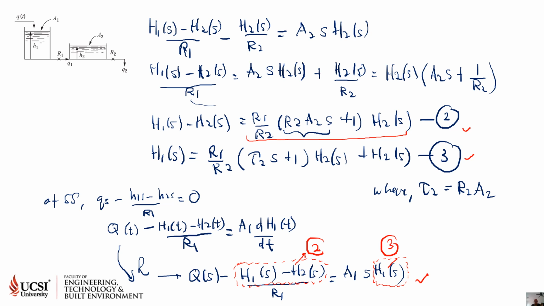So we already have Q(s) minus (H1(s) minus H2(s)) over R1 equals A1 s H1(s), and we will proceed to substitute equation number 2 and equation number 3 into equation number 4 here.